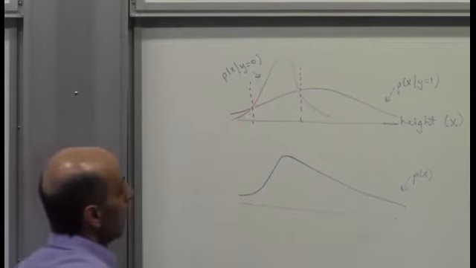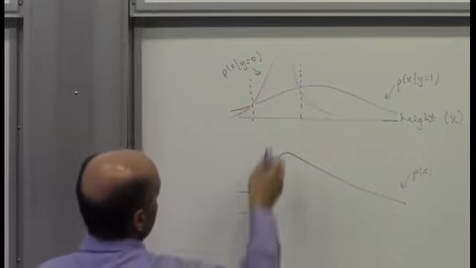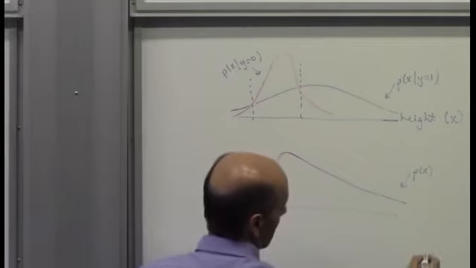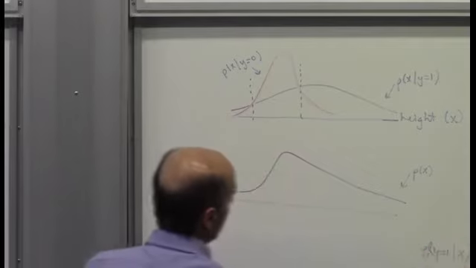So now I'm going to plot for you the probability of y equal to male given x. It's going to look like this.